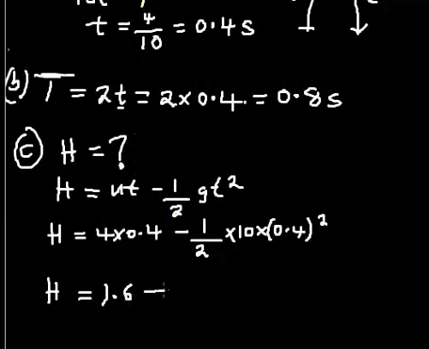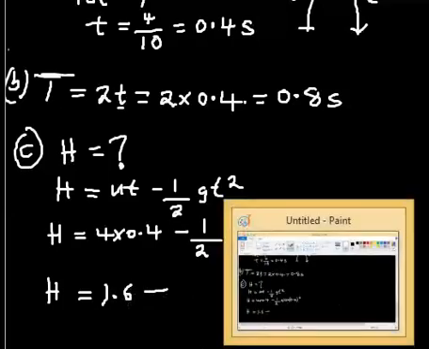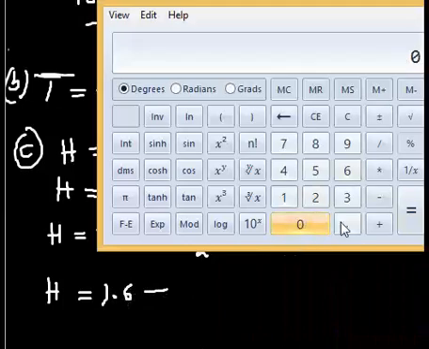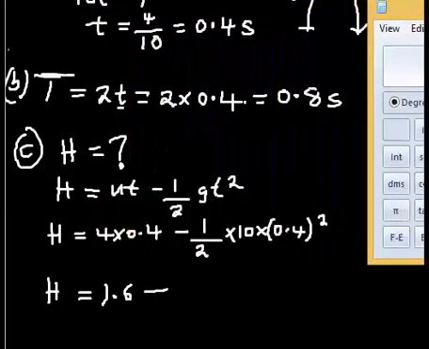Minus half of 10, which is 5, times 0.4 squared. 0.4 squared is 0.16, times 10 is 1.6, then divided by 2, so 0.8.